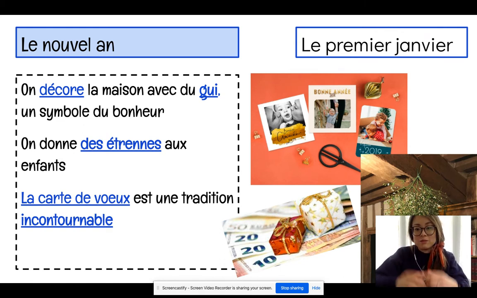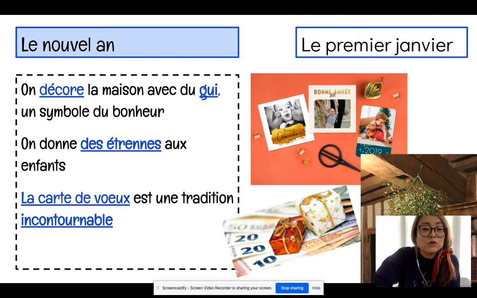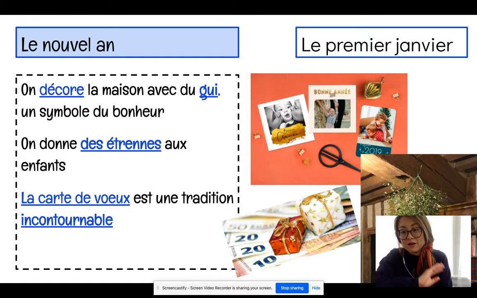Beaucoup de familles aiment prendre des photos pour mettre sur une carte et puis elles envoient la carte de vœux aux membres de la famille, à leurs amis. Et c'est une tradition incontournable. Ça veut dire très importante pour la fête.